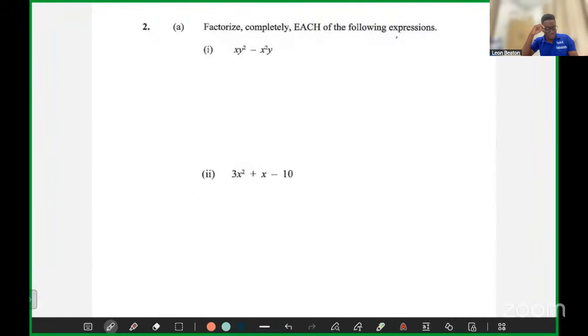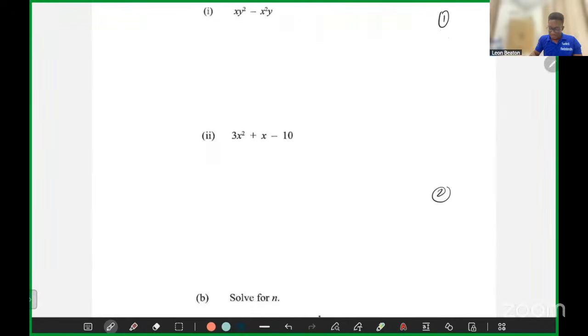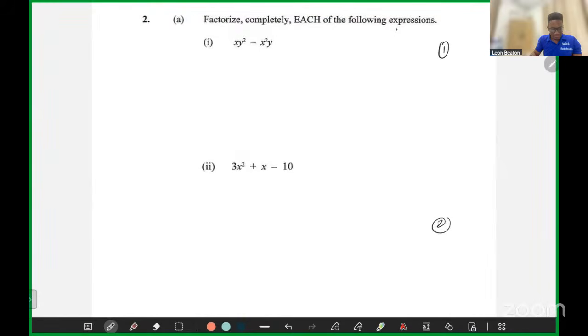This will go for 1 mark, this will go for 2 marks. Excellent. So I see Ray, I'll call you by your first name, the first visible name. So Ray said it for us. And Ragubir has the correct answer, I think. So yeah, we pull out the common factors, right?